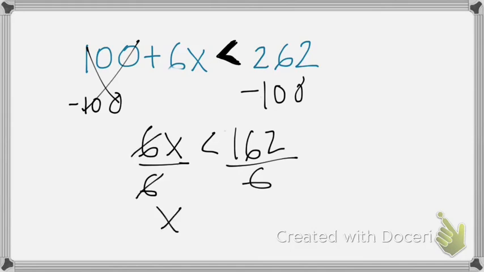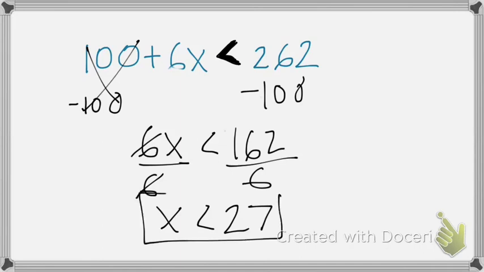We know it's going to be 27, but it's going to be x is less than 27. That would be our answer. To solve inequalities, you're doing the exact same steps you've always done to solve equations. It's just that it's not an equation anymore, so there is no equal sign. It's a less than.